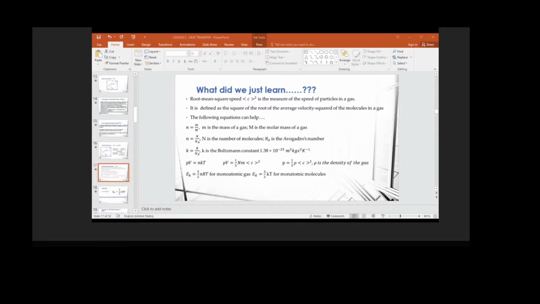So common n is the number of moles, which is equal to m over capital M. This should be familiar to chemistry students. The common n means it's the mass of the gas, and the capital M is the molar mass of the gas. And the molar mass is just looking at the periodic table, what's the mass of the element that makes up the gas times the amount of that element in the gas.